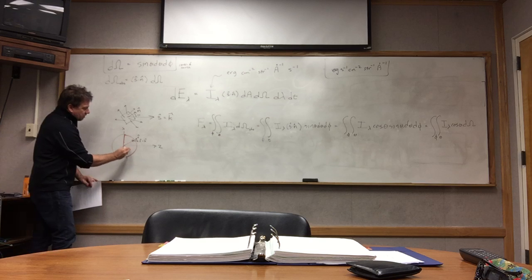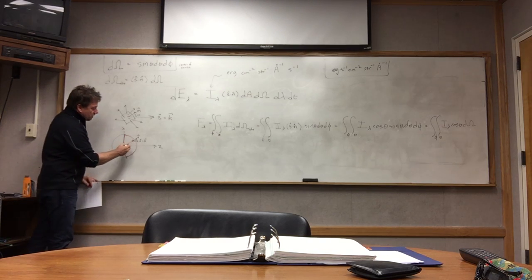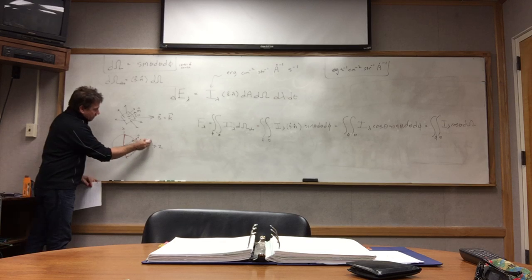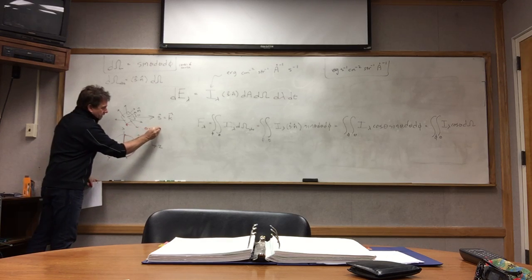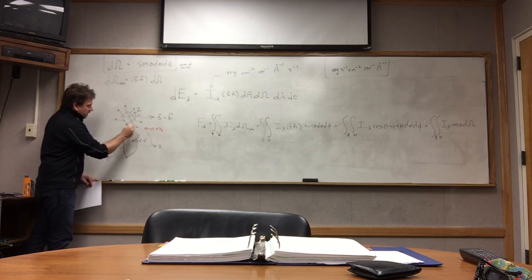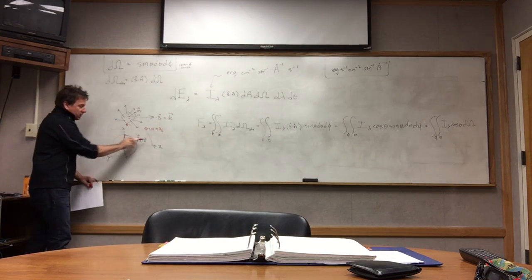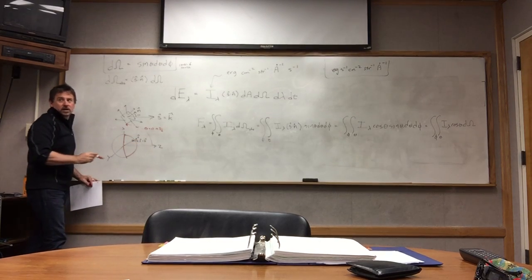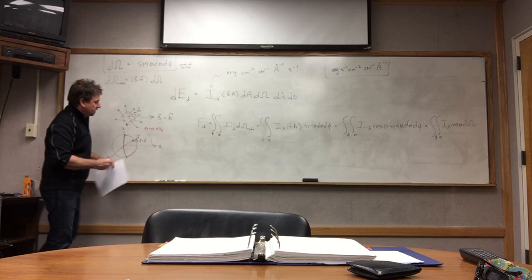You can only see this hemisphere. You can't see that hemisphere. So eventually what we're going to do is we're going to integrate over theta equals 0 to pi over 2, and then we're going to rotate that integral over 2 pi in phi to get the total flux coming off the surface in our direction. Okay.